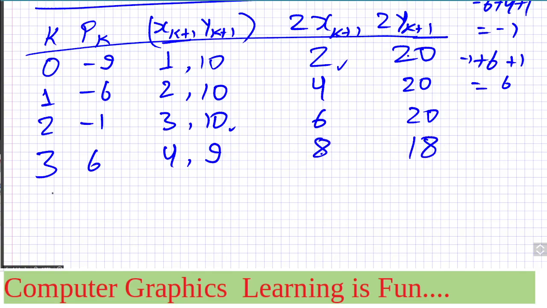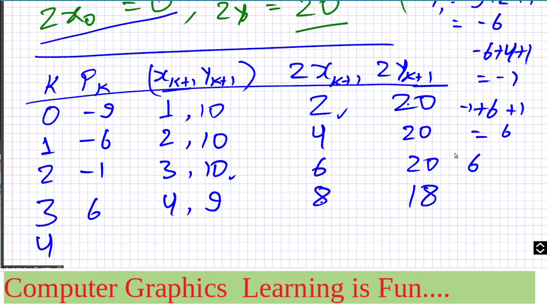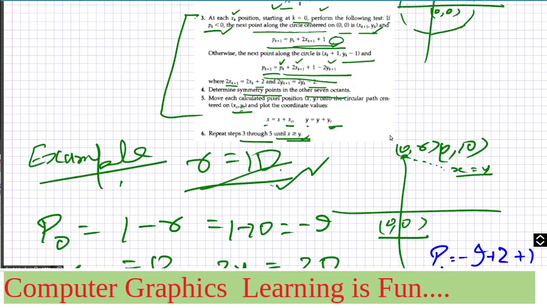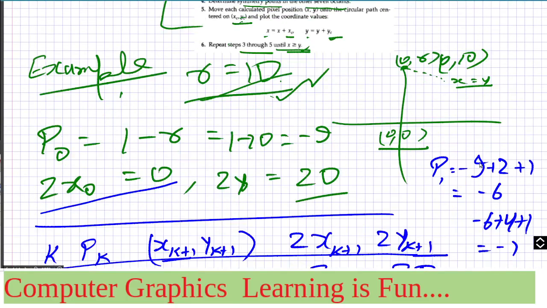Similarly, now it is 4, and for 4 it is 6. Now the pk calculation will be different. We will also have to subtract this value. You remember the formula here, that when y decreases, in that case 2yk plus 1 also decreases, from pk.